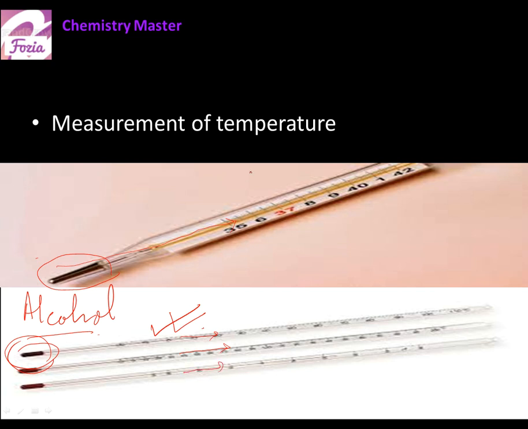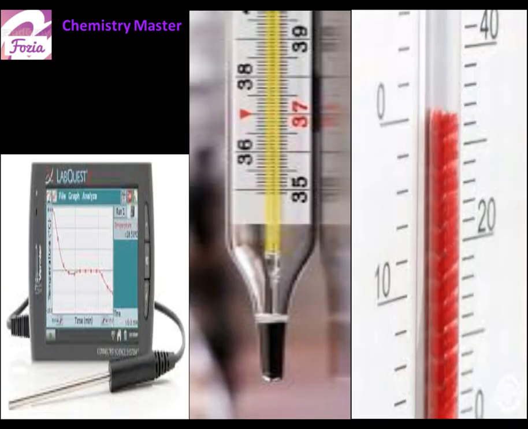This barrel has lines on it which are used for reading the thermometer. As you can see, the rising level can be seen, and the thermometers are marked with special standard gradations, lines on it, so that the rising level can be seen properly.